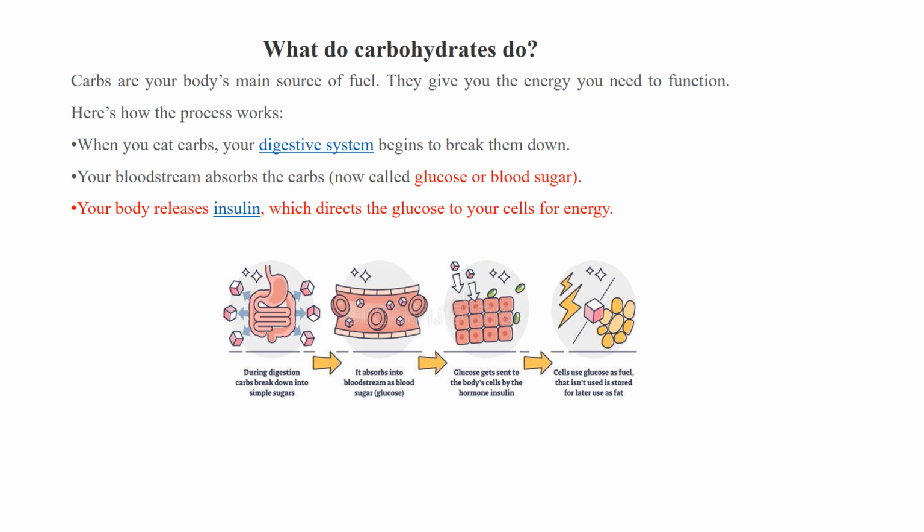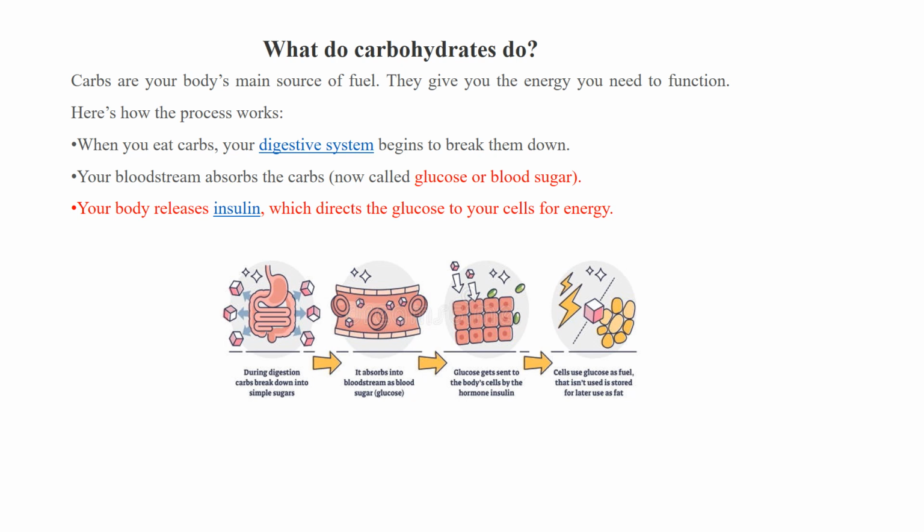So here is the process of how it works. When we eat food which is rich in carbohydrate, our digestive system breaks down the food with the help of saliva. There are different enzymes in our saliva. With the help of those enzymes, the food gets broken down and then it moves to the stomach.